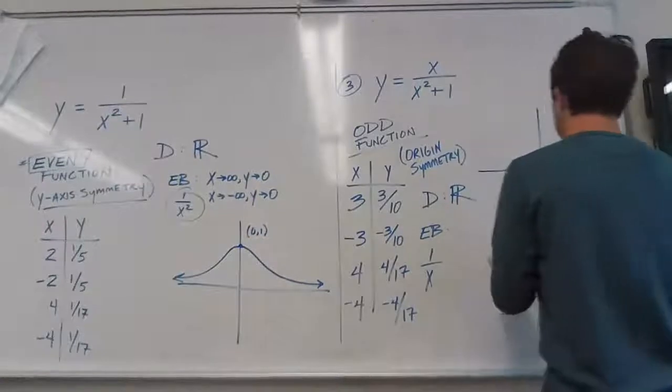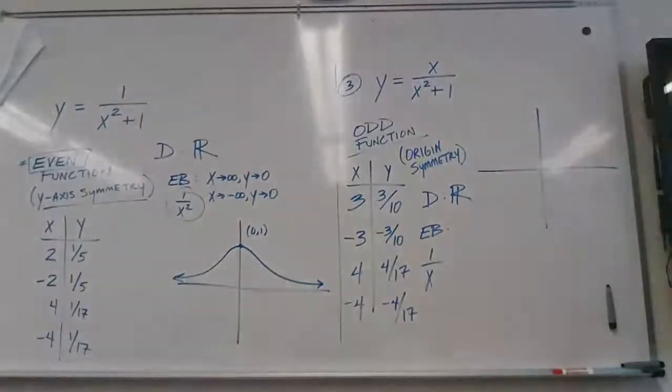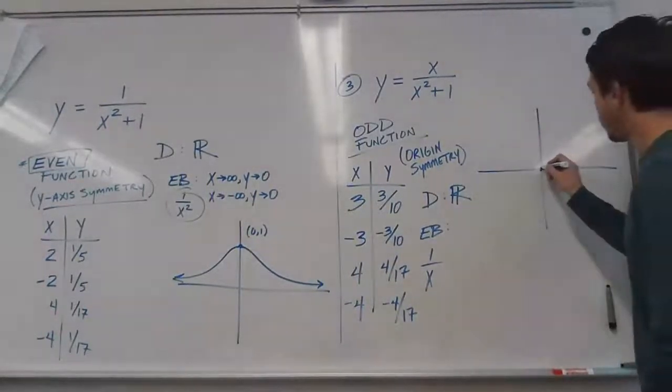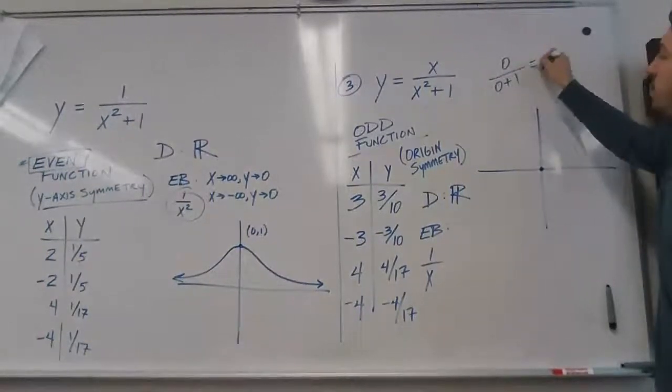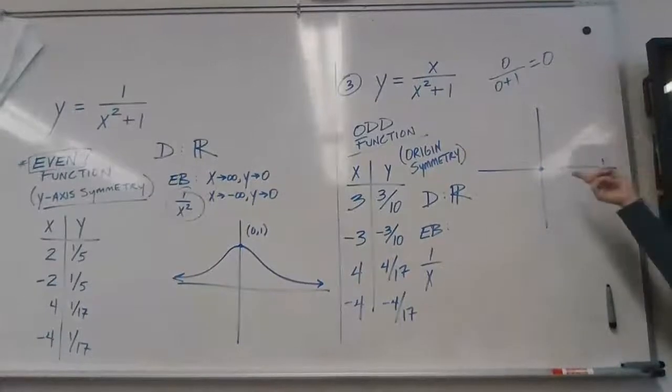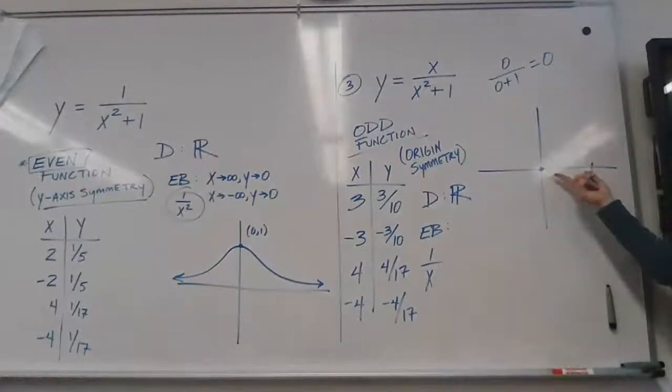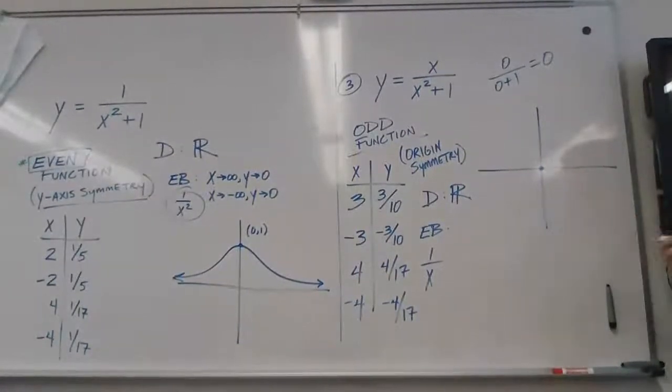How about in the middle? What happens when x is 0? y is 0 because x is on top. If you plug in 0, you get 0 over 0 plus 1, which is 0. So that means the point (0, 0) is on the graph.